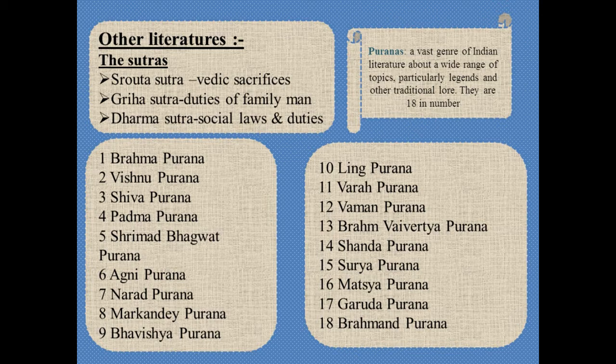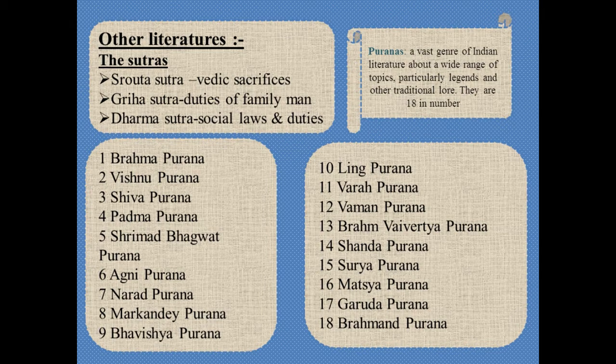Among the other sutras, Srauta Sutras deal with Vedic sacrifices that were again composed by the sages. Griha Sutra is also one of the glorious sutras which gave insight and knowledge about the duties of a family man. Griha means house. So naturally, Sutra means formula or procedures, how to lead a family.